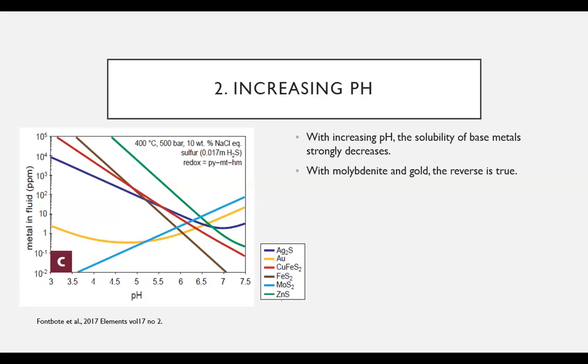Moly and gold have a sort of an inverse relationship. Gold is a little bit more complicated, but they have distinct behavior where they are quite soluble in high pH fluids, and that relates to their main ligand binding factor in the fluid, where they're probably more controlled by sulfides than chlorine.